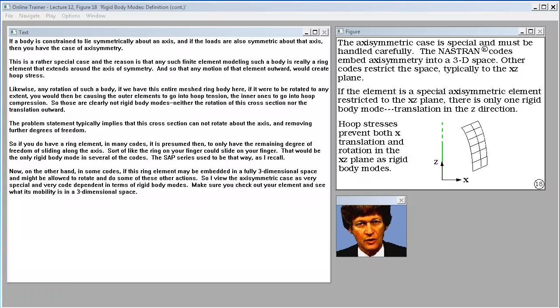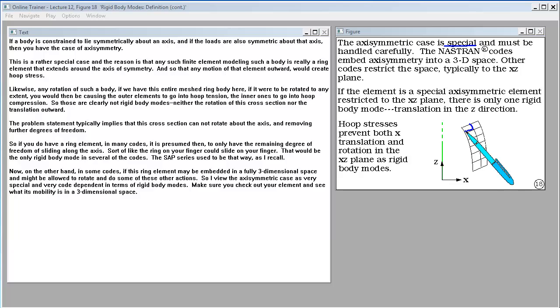If a body is constrained to lie symmetrically about an axis, and if the loads are also symmetric about that axis, then you have the case of axis symmetry. This is a rather special case, and the reason is that any finite element modeling such a body is really a ring element that extends around the axis of symmetry.